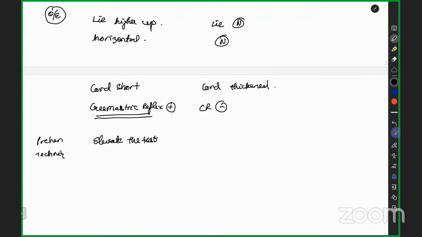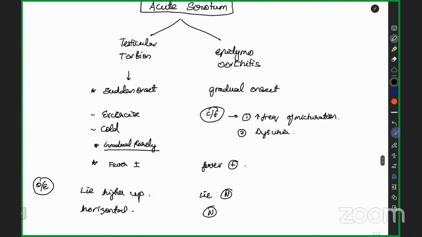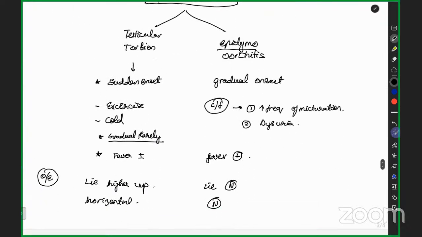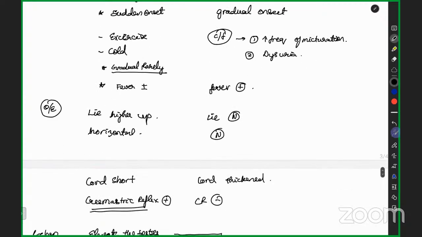On elevation of the testis, if the pain gets aggravated, then it is going to be torsion. If you do the same thing here and the pain gets relieved, then it is going to be epididymo-orchitis. So you have testicular torsion, you might have epididymo-orchitis, and that is your Prehn's test. Any doubt? Okay.